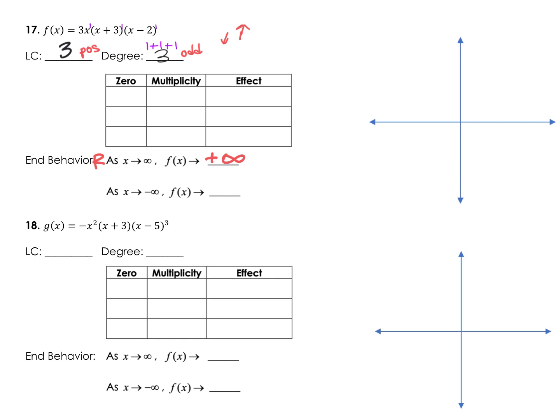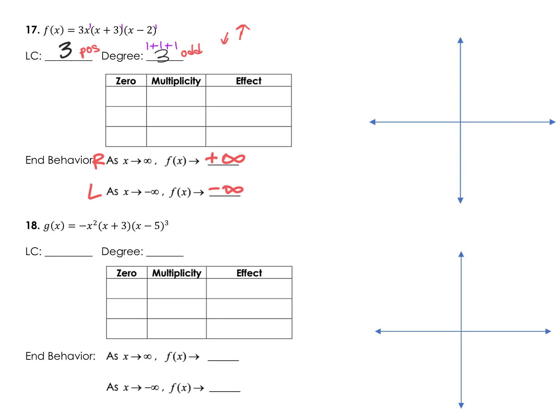As I go to the left, to negative infinity, it is going down. So it's going down to negative infinity. That's all the end behavior, and now you'll do the zeros.